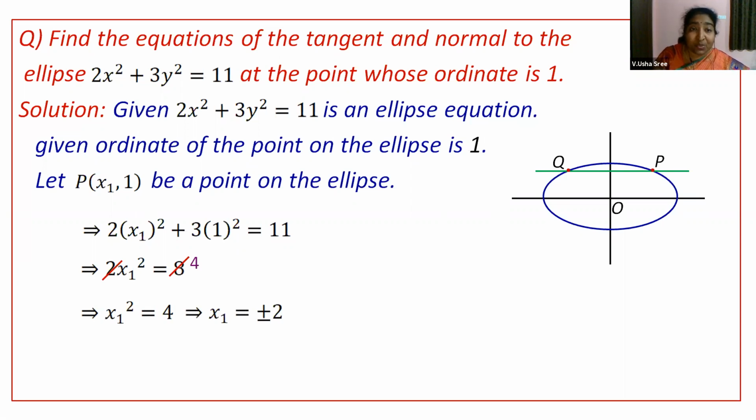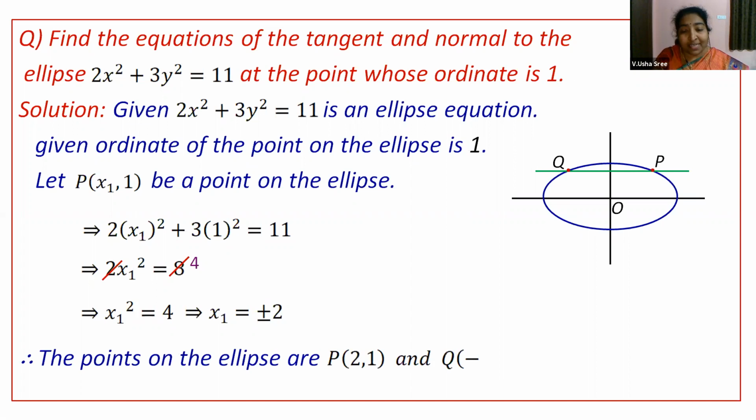That means x can take two values, that is plus 2 and minus 2, but y will remain the same because that is the condition which is given to us. Therefore, the points on the ellipse are P and Q, what we have seen in the diagram, and the points are (2, 1) and (-2, 1).